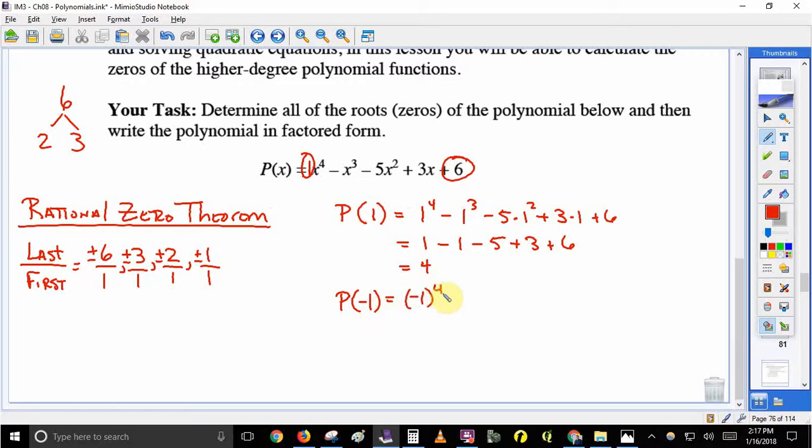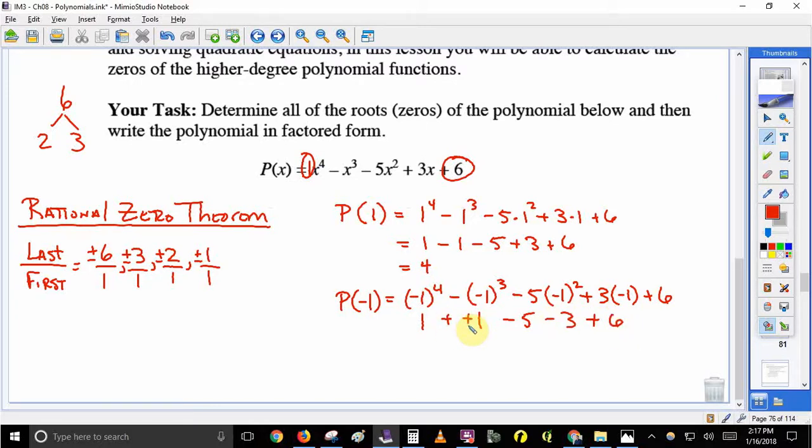Negative 1 to the 4th, minus negative 1 cubed, minus 5 times negative 1 squared, plus 3 times negative 1, plus 6. 1 minus negative 1 minus 5 minus 3 plus 6.